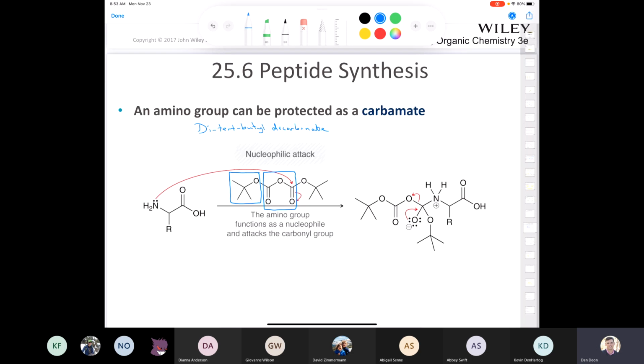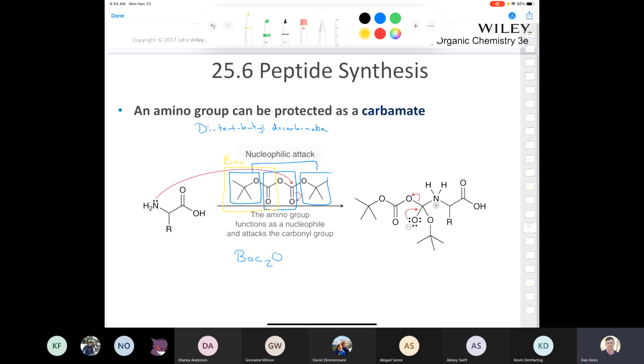So the way that we abbreviate this, since we have these two groups that are the same with an anhydride in the middle, we call that Boc, subscript 2O. Another way of saying it is that this portion of the molecule is a tert-butoxycarbonyl. So that's the Boc portion.